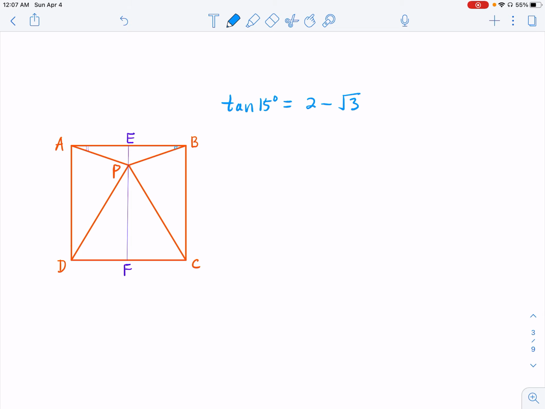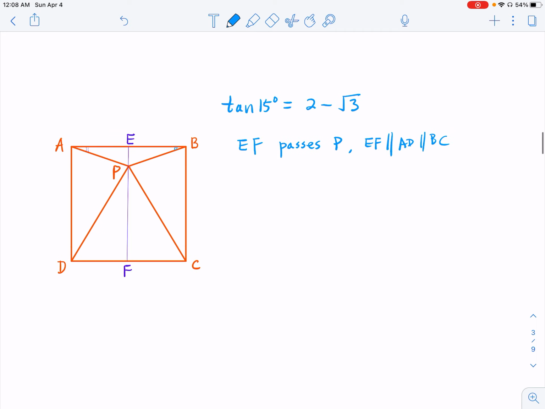EF passes through P, and EF is parallel to AD, which is parallel to BC. Now, this is a square, so we know that PE is perpendicular to AD.